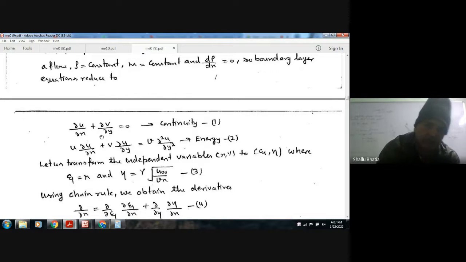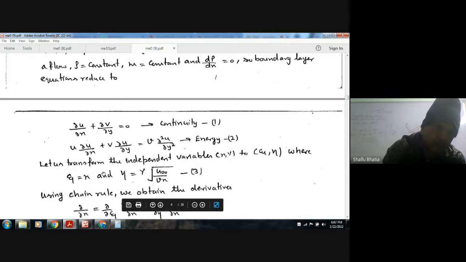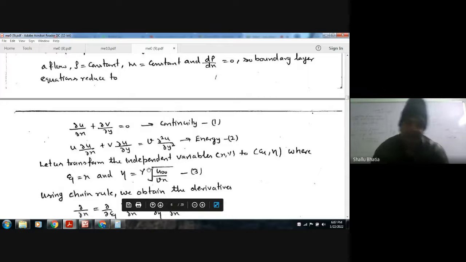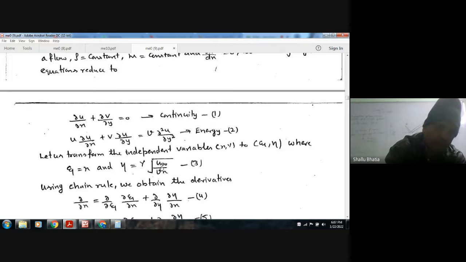So he transformed these two variables into xi and zeta. He put xi equal to x and zeta equal to y root of u infinity by nu x, so that xi is a function of x and zeta is a function of y and x.